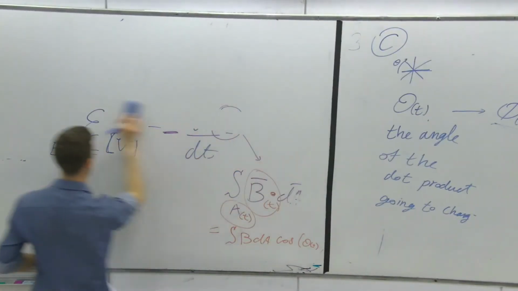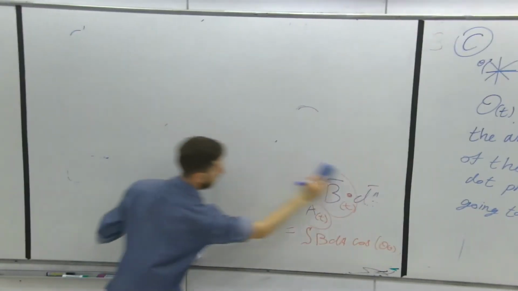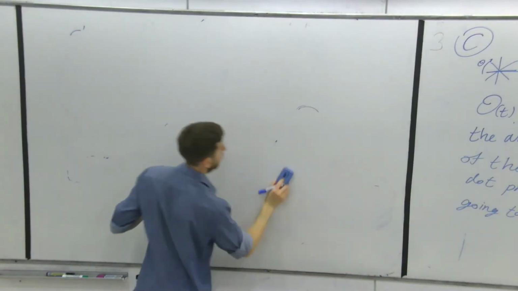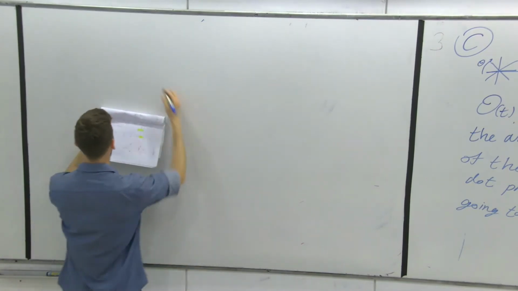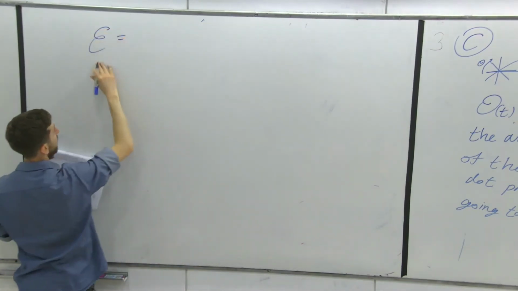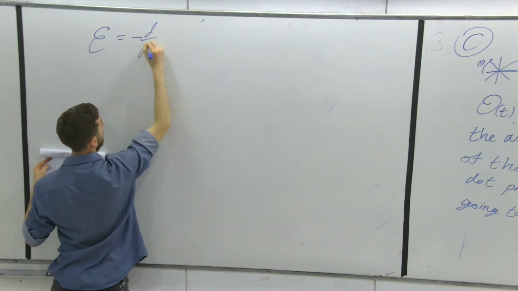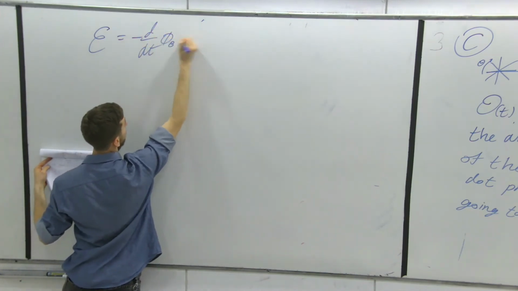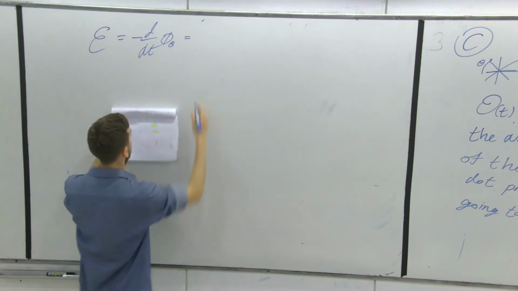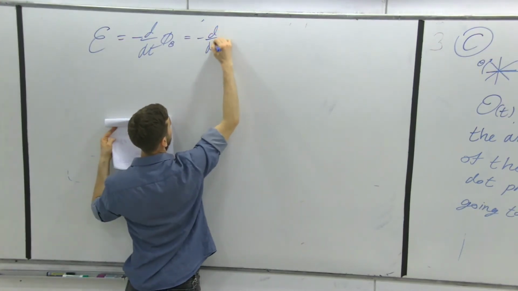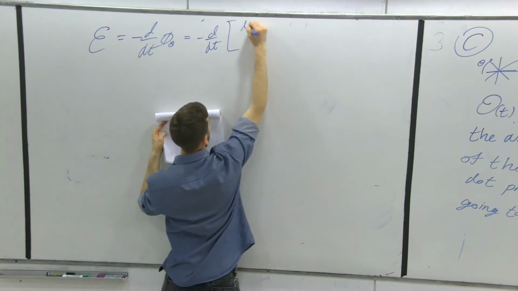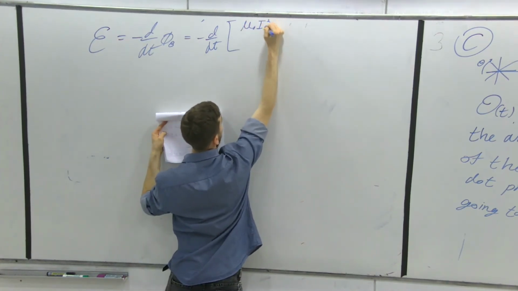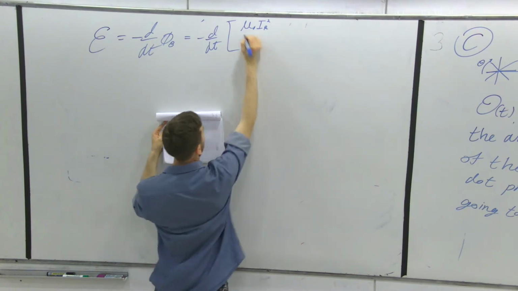Newton, Einstein, and Faraday, I love you all, but I need space on the board. Perfect. So we want to find epsilon, which is equal to minus d/dt of phi B. And we know that phi B was equal to, we found it, mu0 I squared of the ring, 2r.